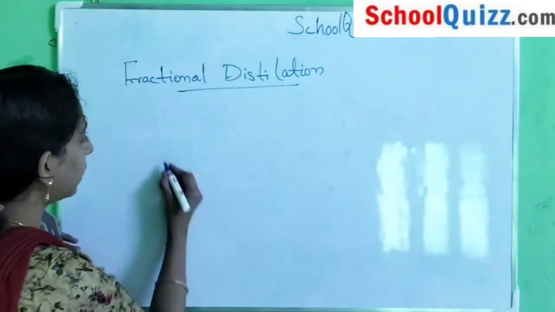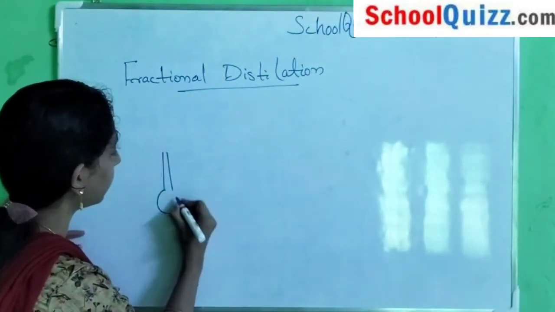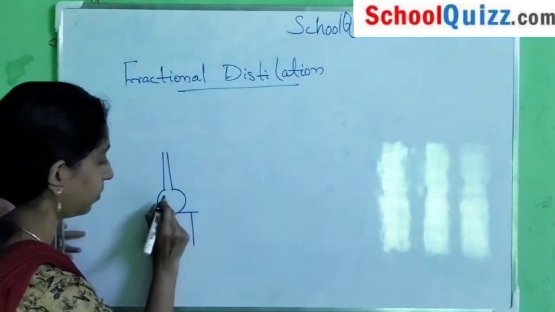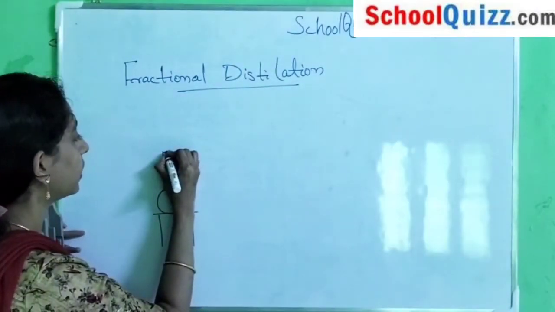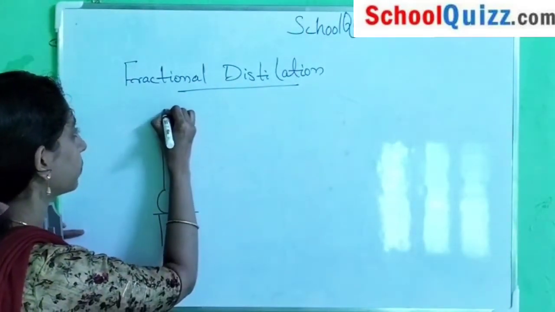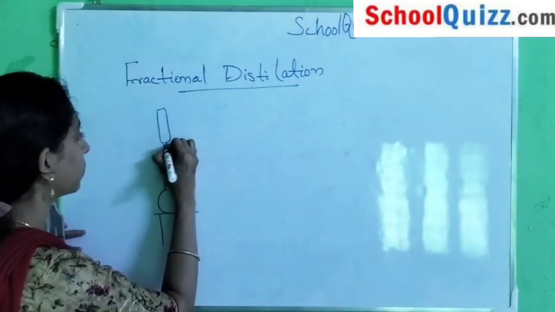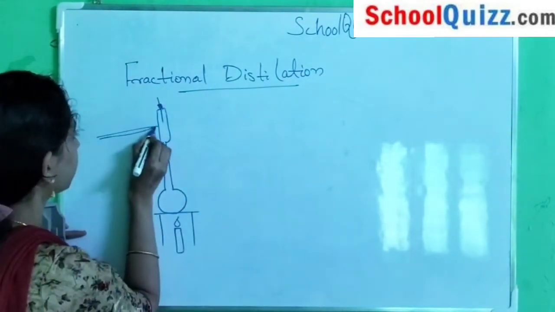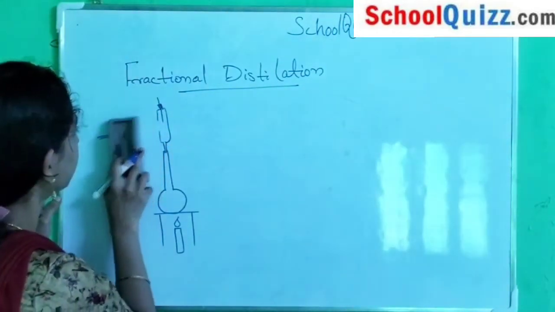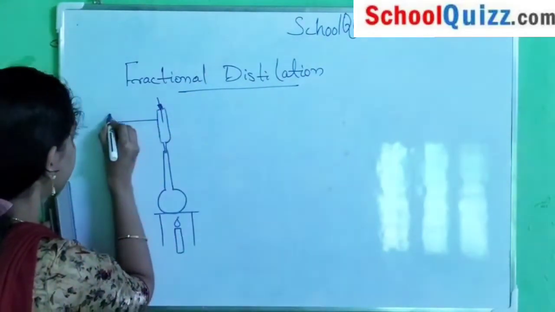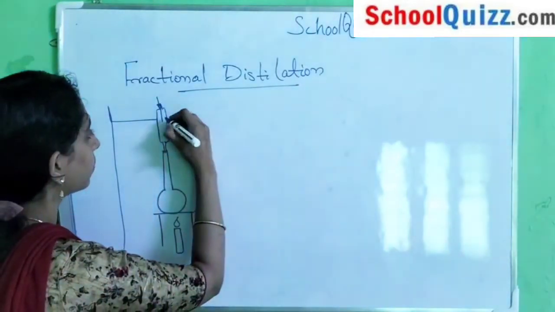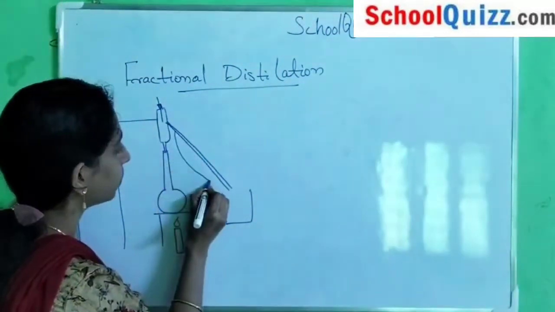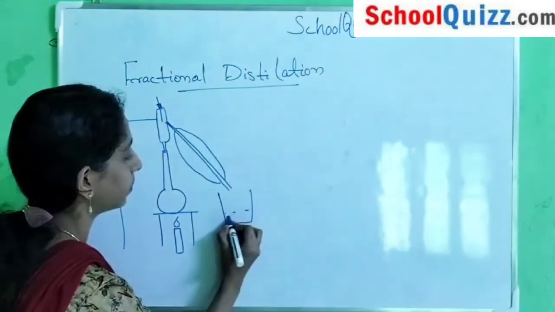We take the mixture in a distillation flask and attach it to a fractionating column, and the fractionating column is also attached to a thermometer.